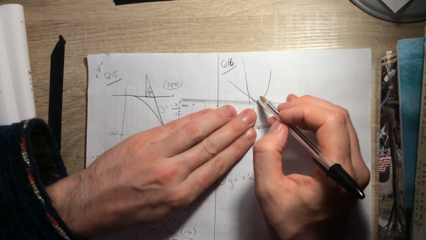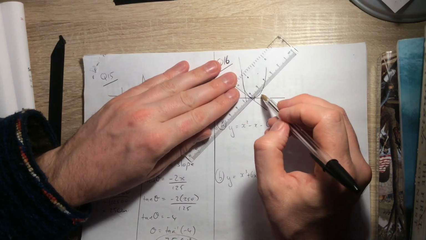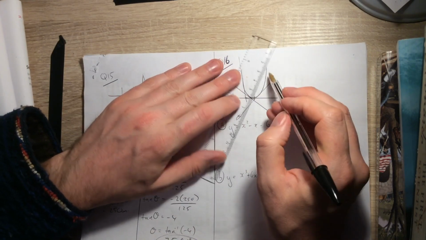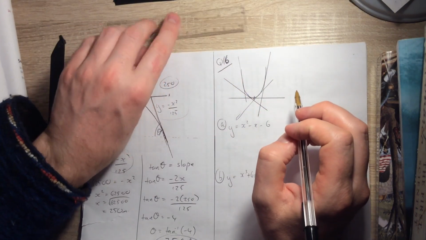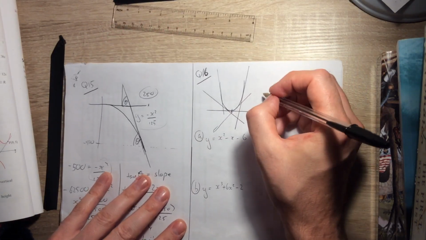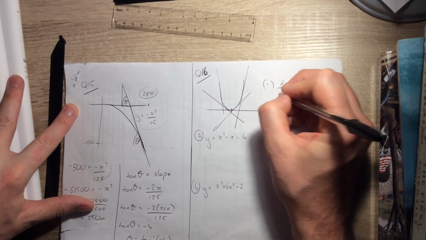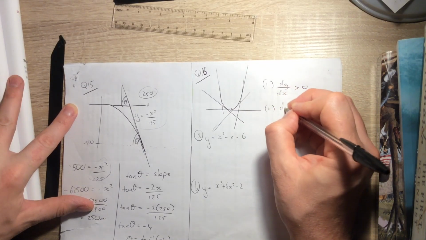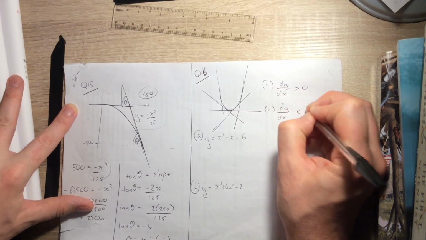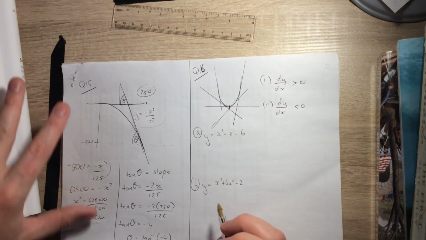Whereas once I get past this point, the lowest point where the slope is 0, at every point after that, if I draw a tangent line, the slope is going to be positive. So the answer is when we are increasing, dy dx is greater than 0. And when we are decreasing, dy dx is less than 0.